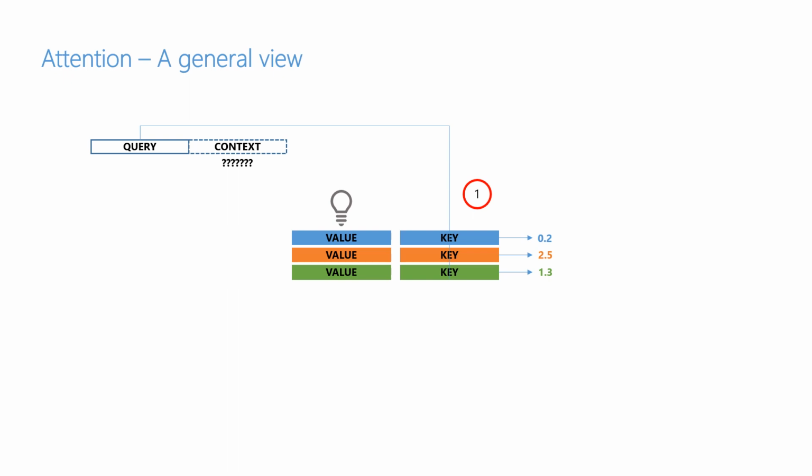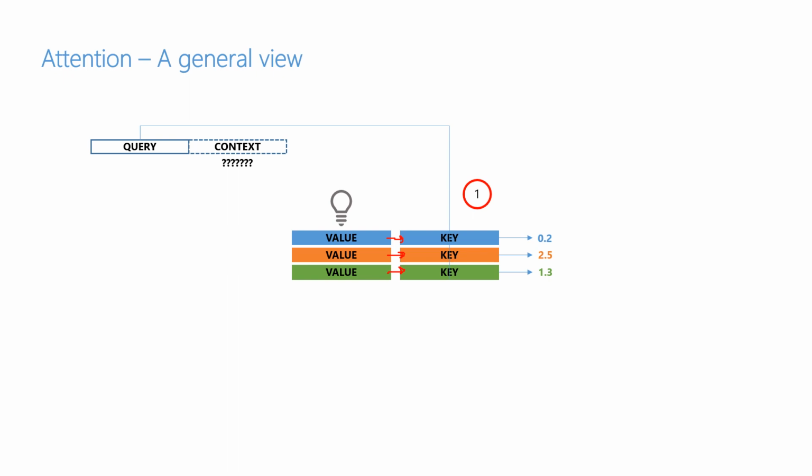The repository of information where we are going to look to find the good content for our context is organized in a way that for each piece of information that we call value, there is also a connected piece of information that is the corresponding key.